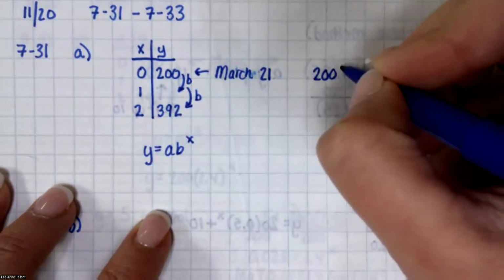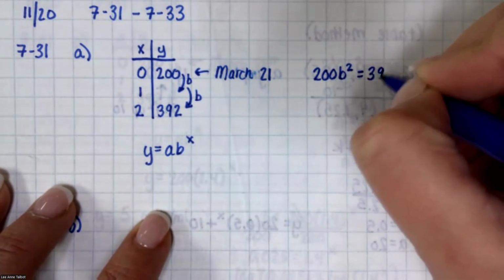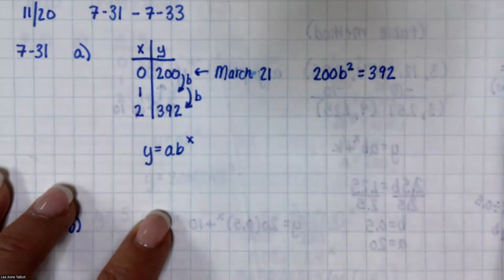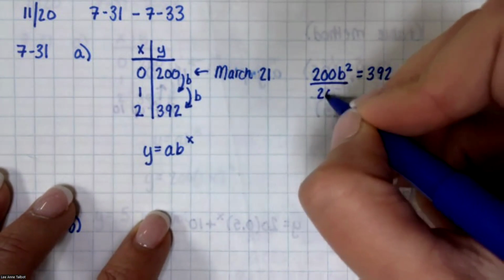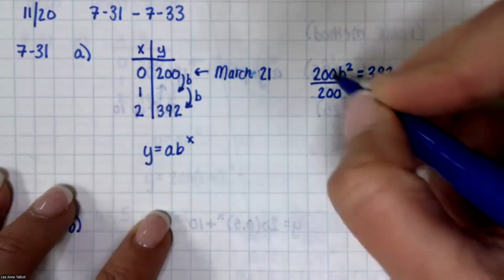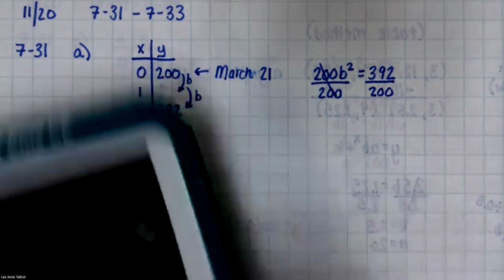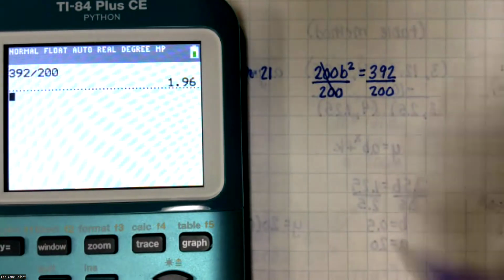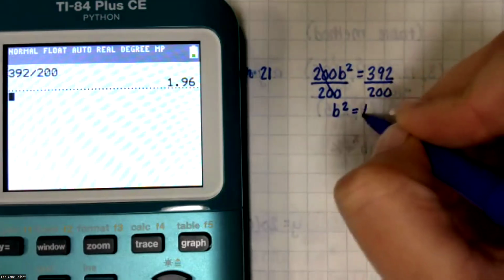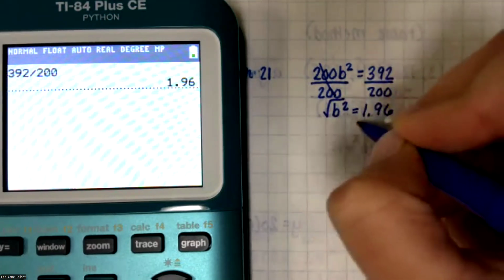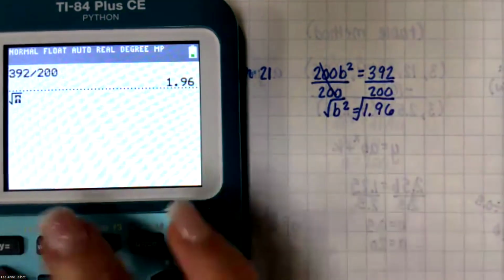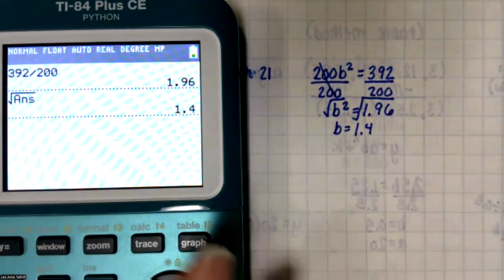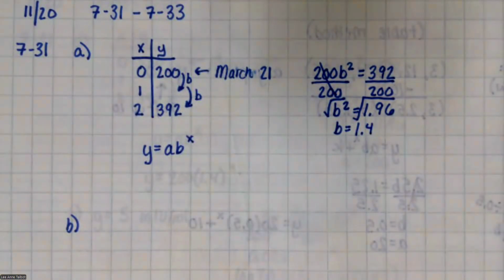So 200 b squared equals 392. 200 times b... divide... square root. b is 1.4.